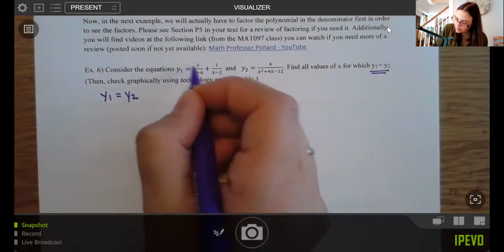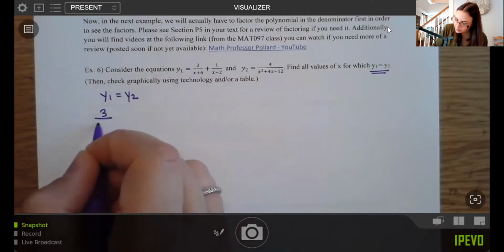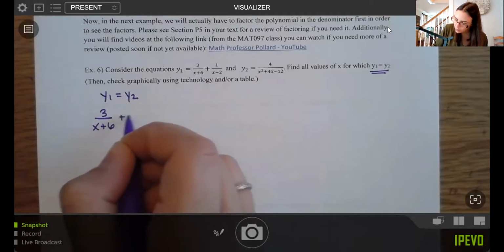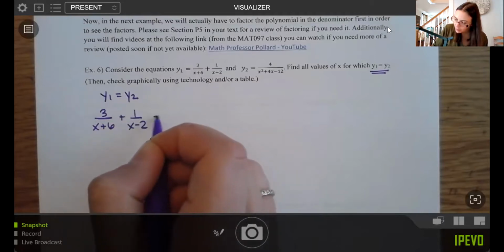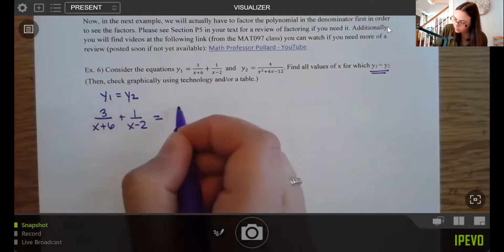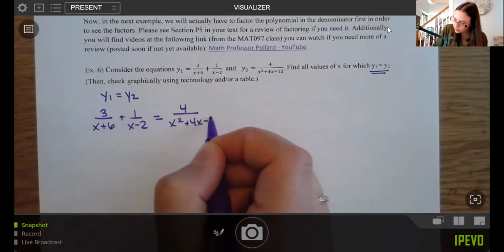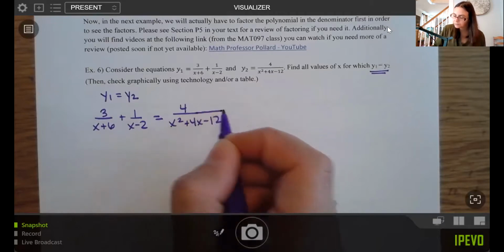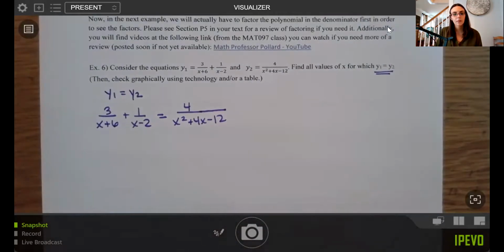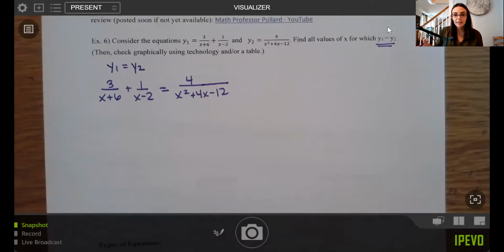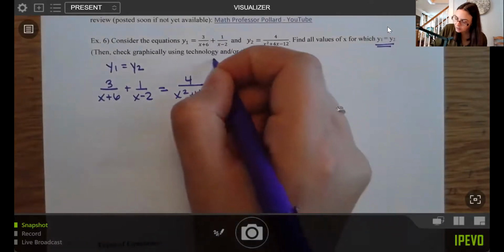So y1 is 3 over x plus 6 plus 1 over x minus 2. And then y2 is 4 over x squared plus 4x minus 12. Now, to do my LCD, I do need to have factors.